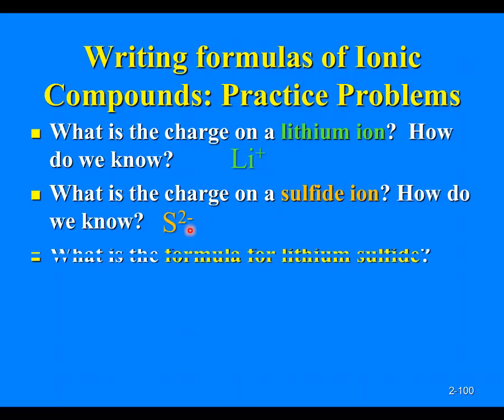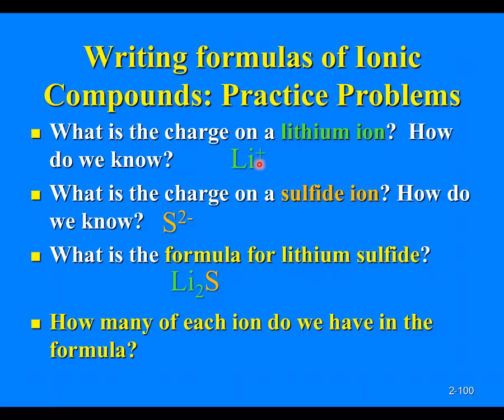So if I write the formula for lithium sulfide, this is very similar to when we had potassium oxide. I have 2 lithium cations to balance the charge of one of the sulfide anions, because the charge is twice as great and negative for sulfur compared to lithium's +1.